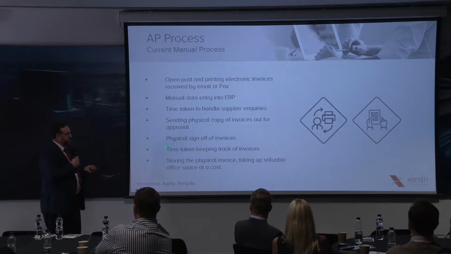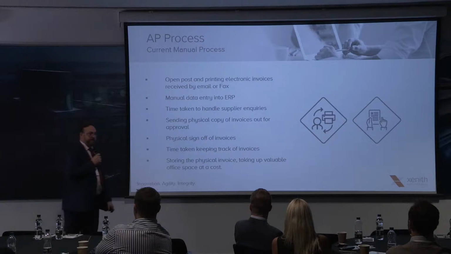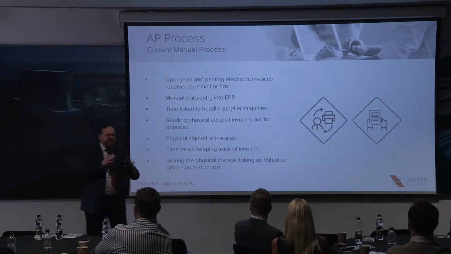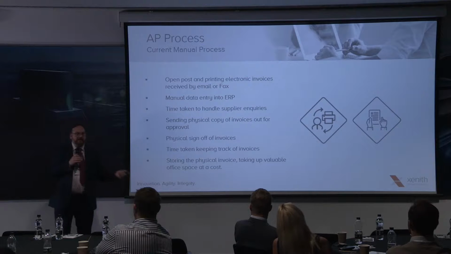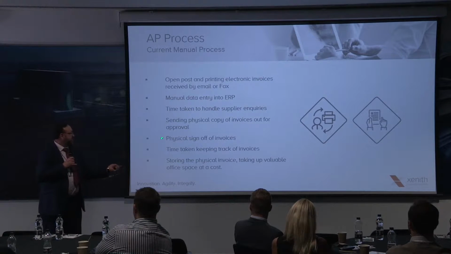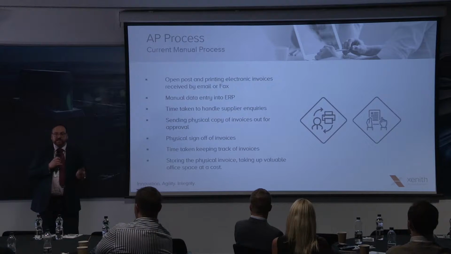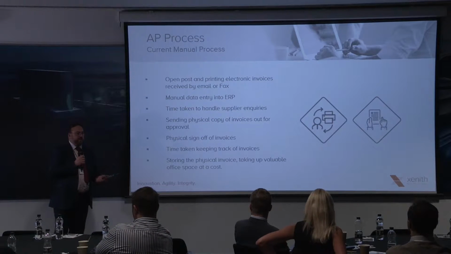This is where we see the majority of paper being printed. Everything else is electronic. The CRM and account systems have all the data in them, but I need it approved, so I print it out to approve it. And that's where we see the majority of printing in these AP processes.